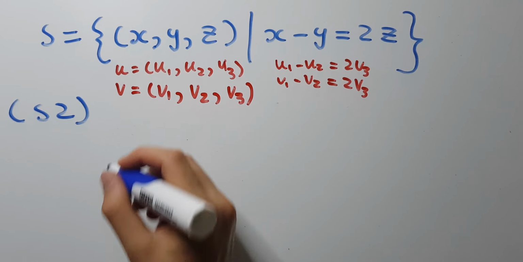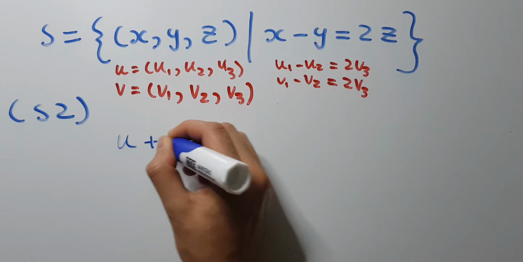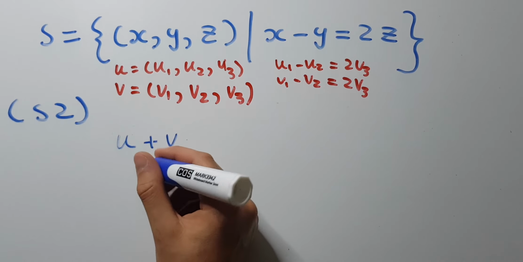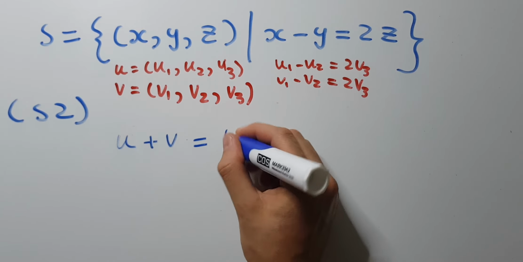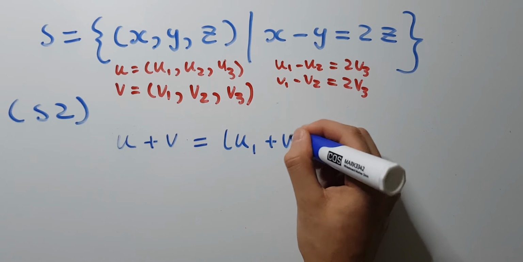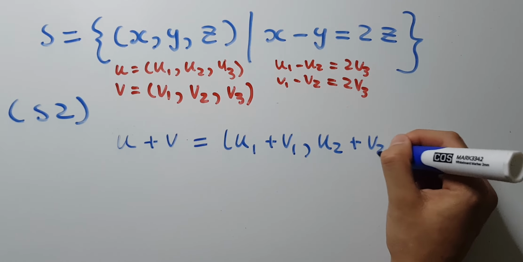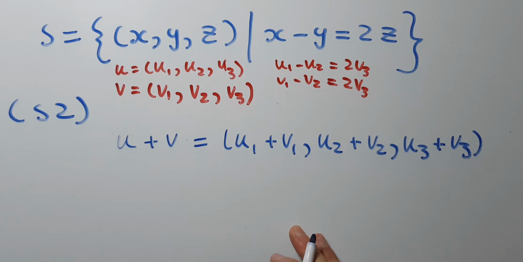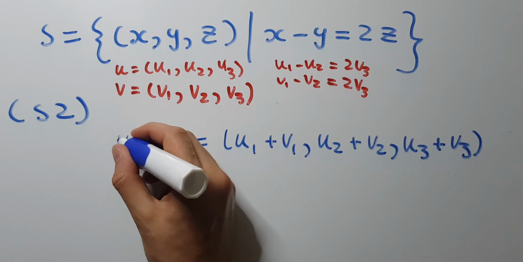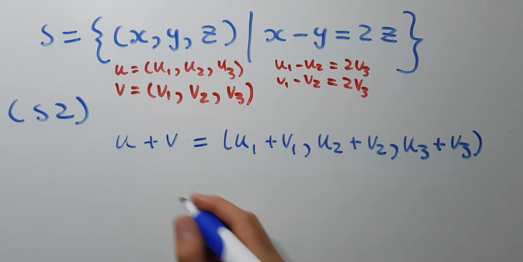Next, you want to add your vectors. So u plus v is equal to u1 plus v1, u2 plus v2, and u3 plus v3. This is tedious, that is true, but once you understand the general basics, you'll be fine.